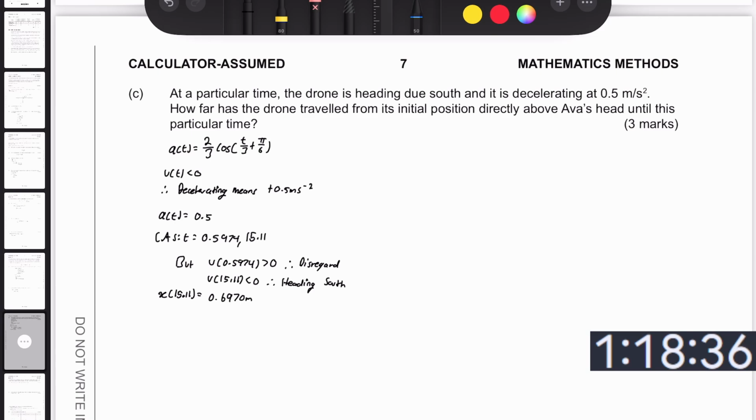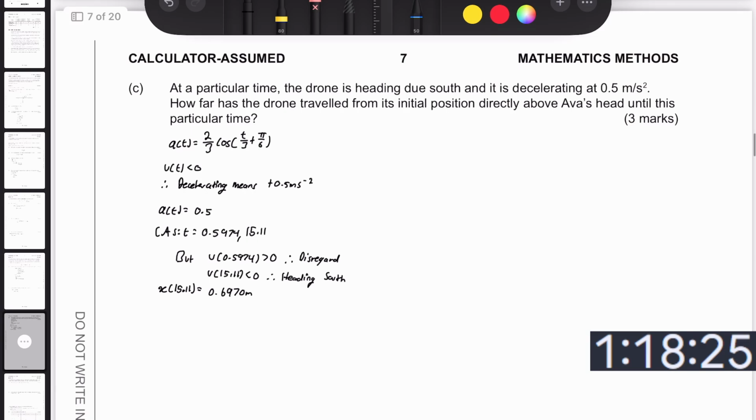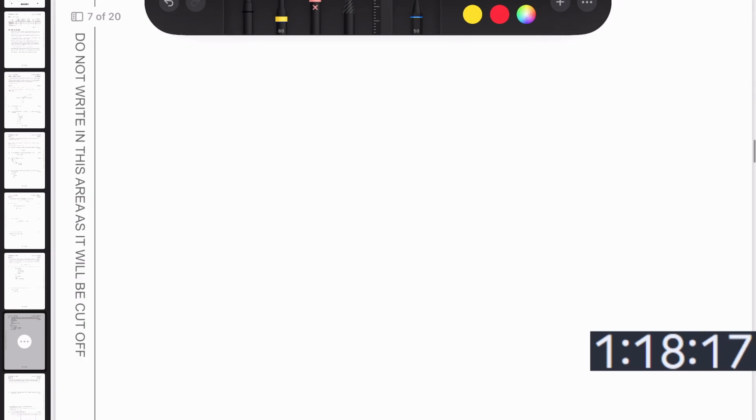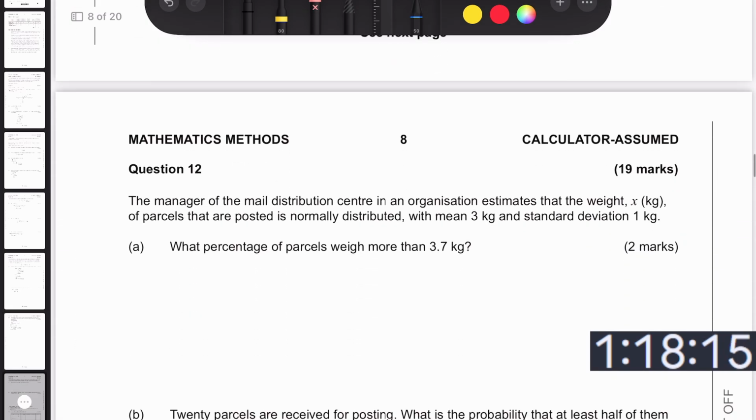How far from its initial position should be just a displacement, I think. Pretty sure. I'm going to leave it as displacement.